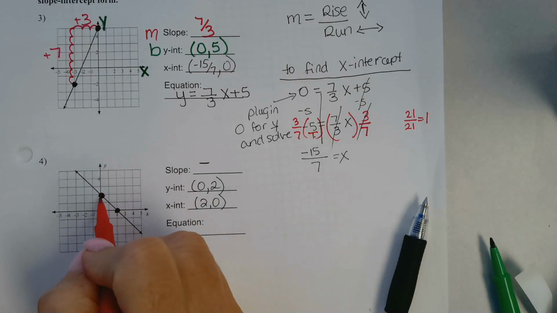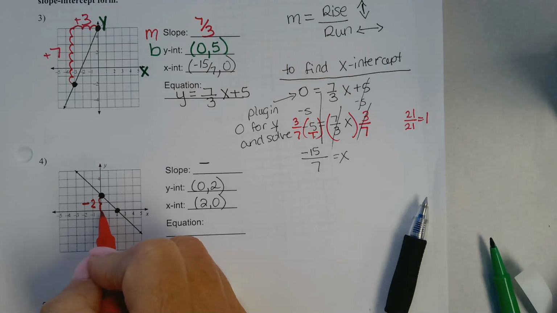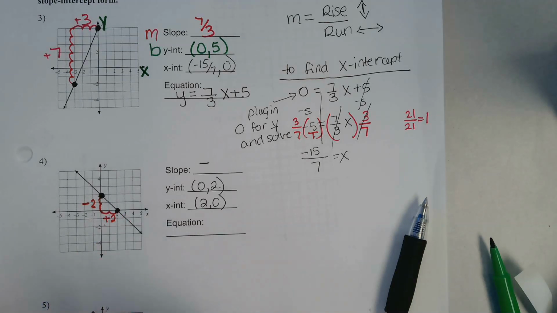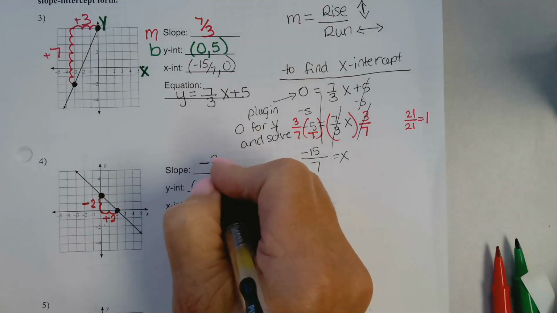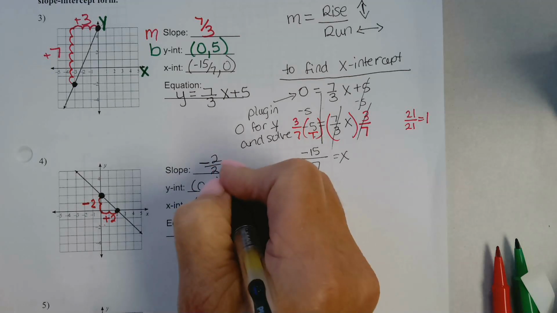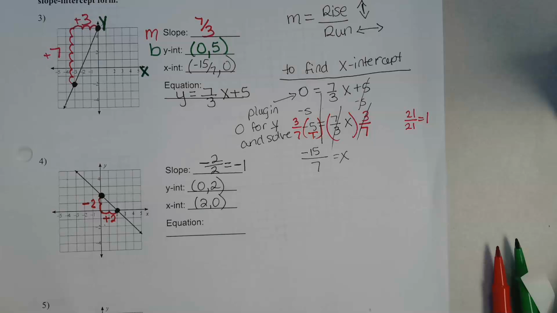So when I count, I'm going to do my vertical distance first, and my vertical distance goes down by 2. My horizontal distance increases by 2. So I end up with a -2 over a +2, and that reduces down to a -1.